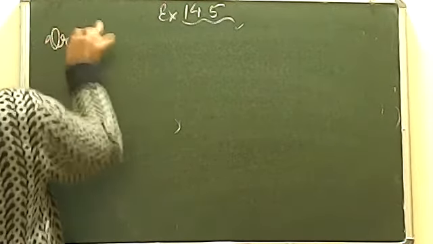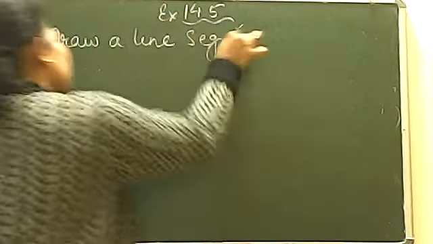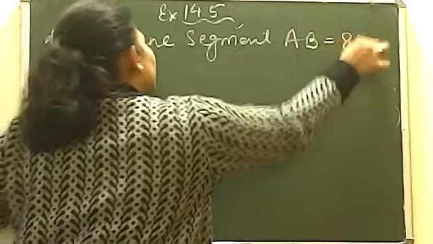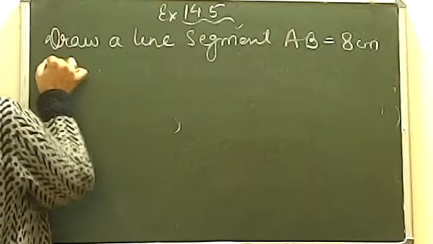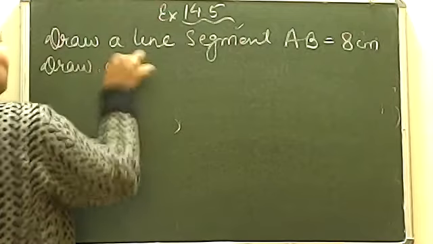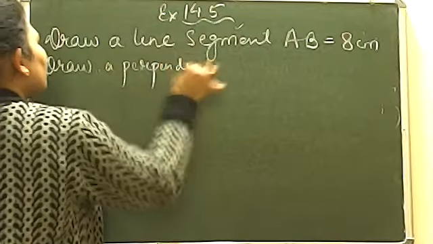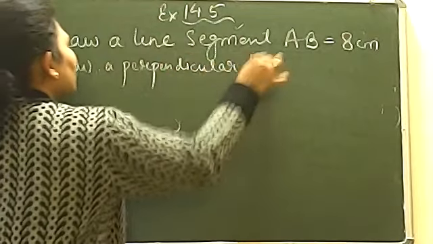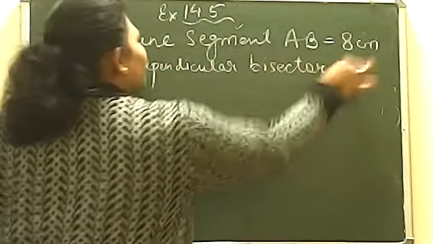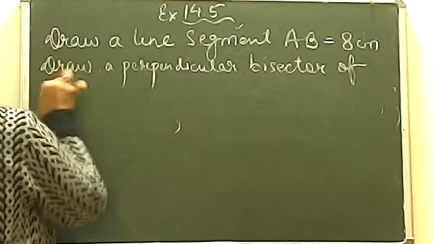Draw a line segment AB and draw a perpendicular bisector of AB.